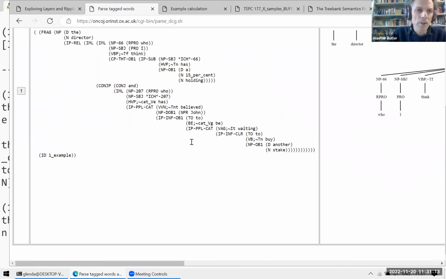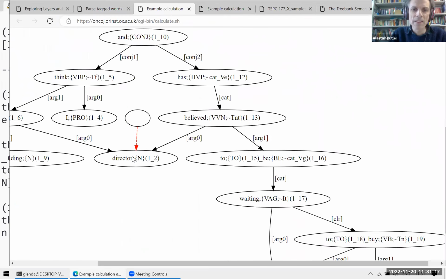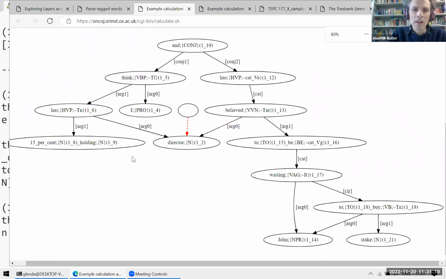And if we look at the semantics, we get a very different story, where now we've got the director contributing the subject, and we've got John being the derived object, which goes on to control as the subject of waiting and the subject of by. So you get these really nice grammaticality effects.